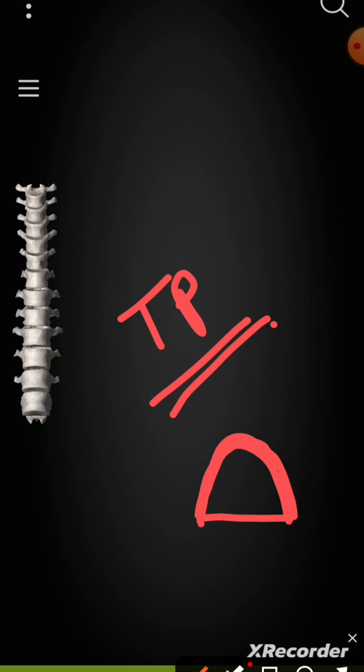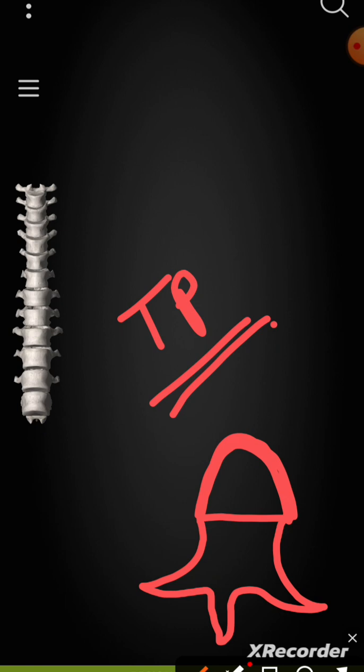I would show you what is the vertebral arc. Wait a minute. This is a body. Okay. This is kind of a structure of vertebra. Now this arc is called the vertebral arc.